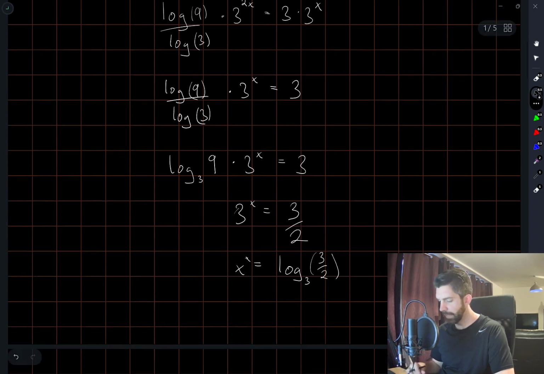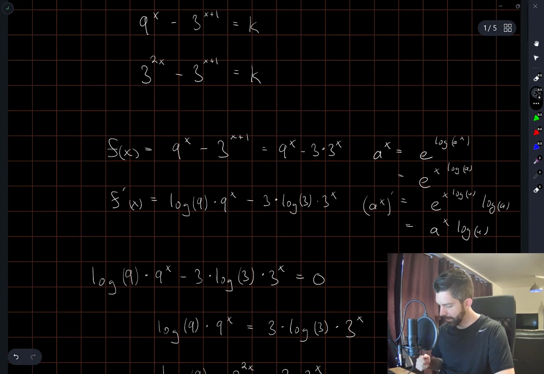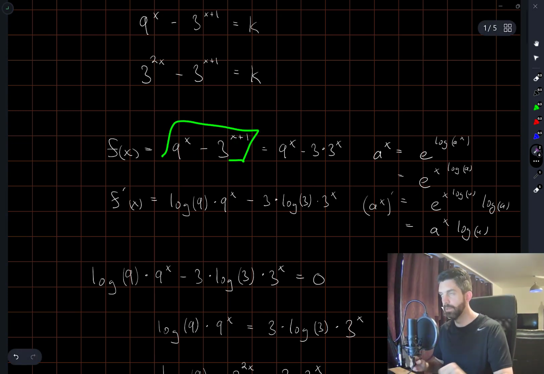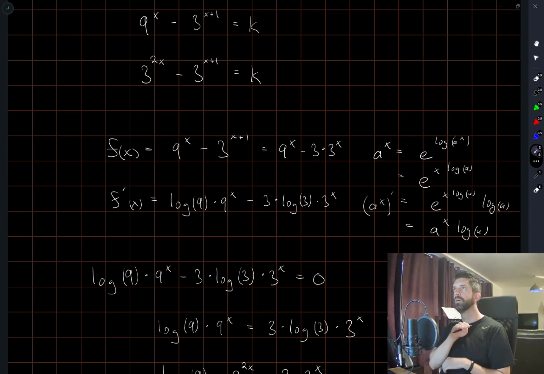What does this function look like as I take x to negative infinity? As I take x to negative infinity, this thing will be equal to 0.